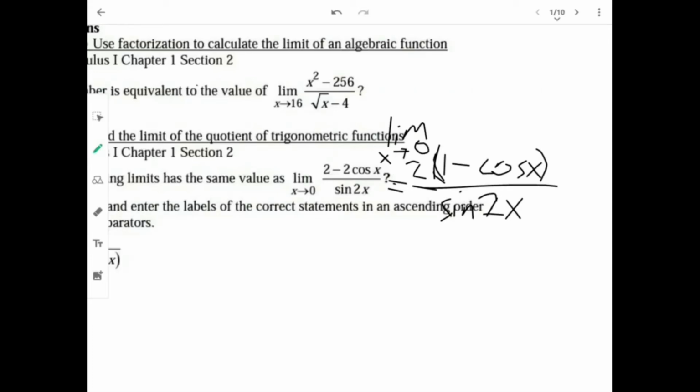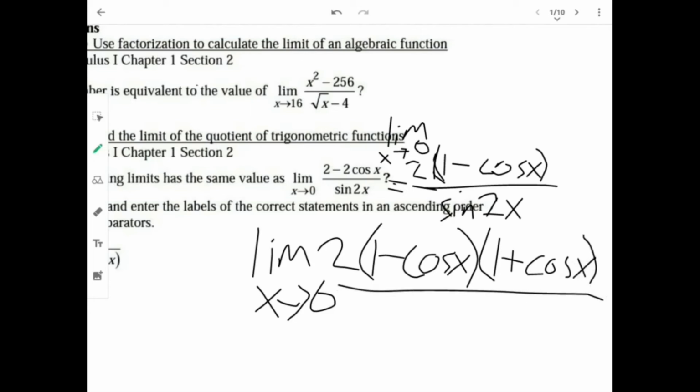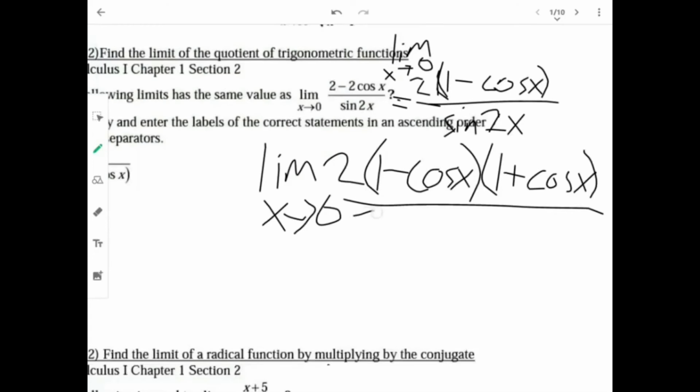So you'll end up with 1 minus cosine squared, and that will become sine squared. And also, you can expand sine 2x as 2 sine x cosine x. It's an identity that we took last year.